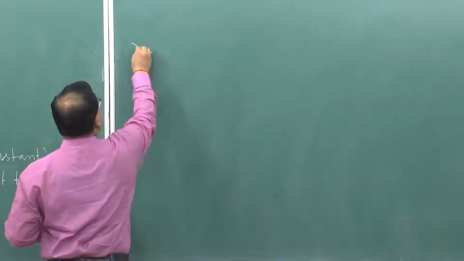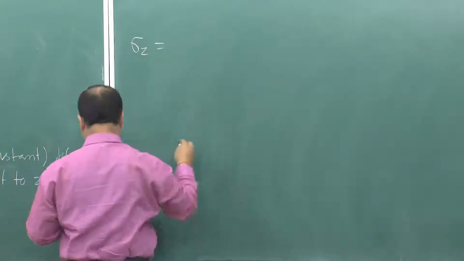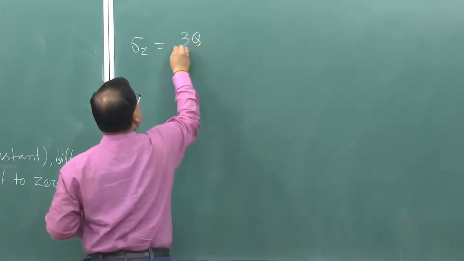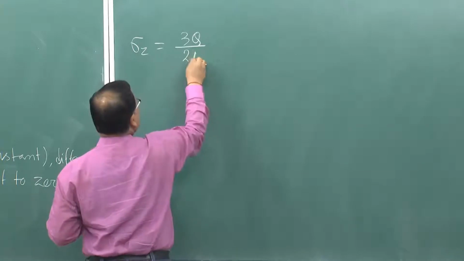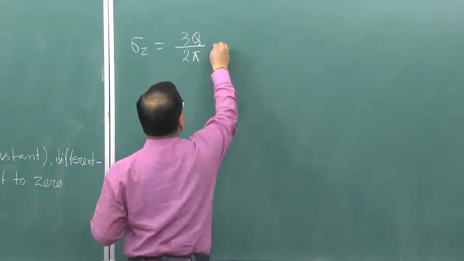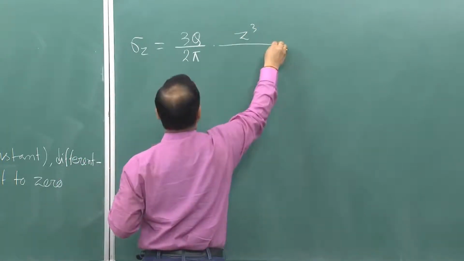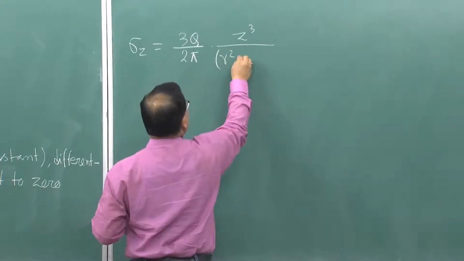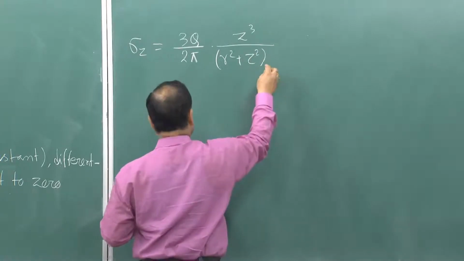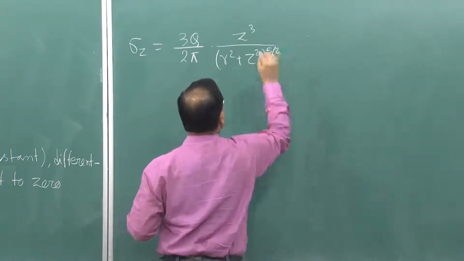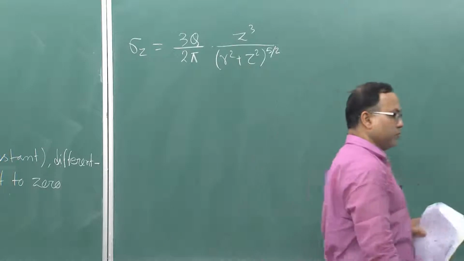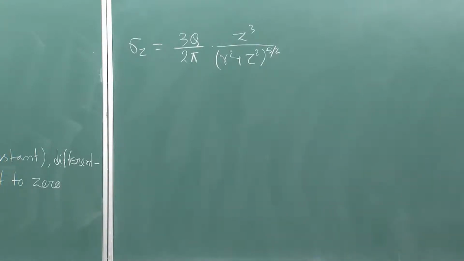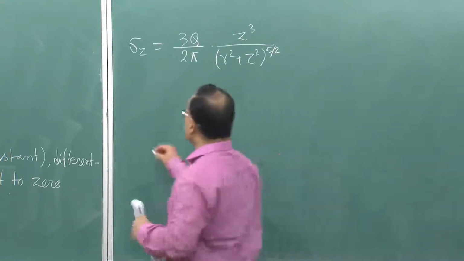So, therefore, I have the expression like this, 3q by 2 pi. I am taking z in this term. So, the same expression, z cube by (r square plus z square) to the power 5 by 2. Okay. So, this is the expression of sigma z. Now, what we will do?